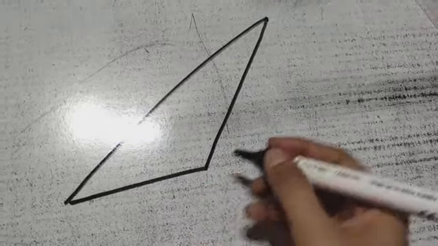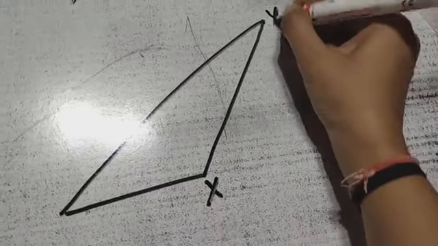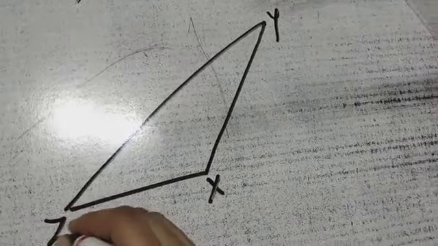So we are saying X, Y, Z. Now they are saying that YL is the altitude in the exterior of the triangle. Since this is the interior of the triangle and we want the altitude in the exterior, and we want the altitude from Y. So how will we draw it?